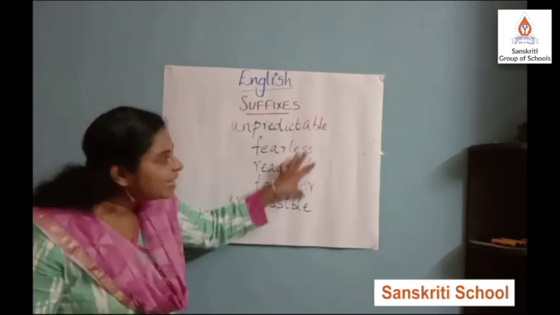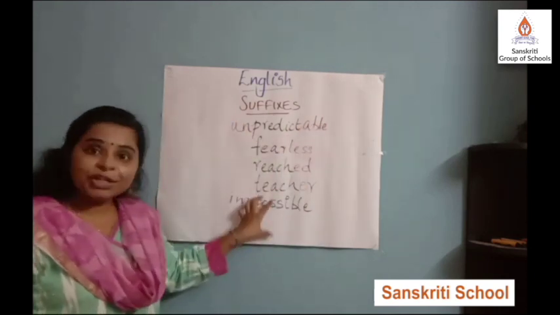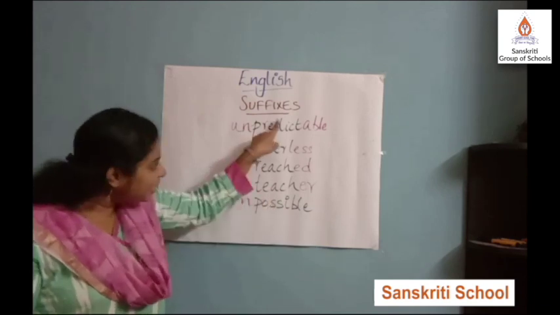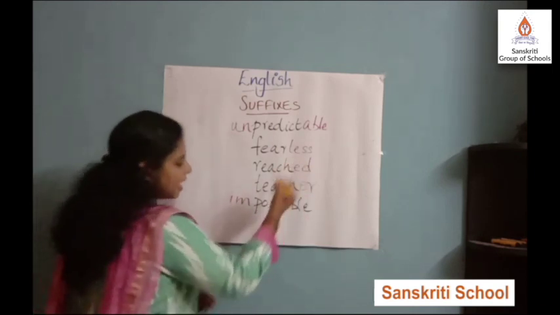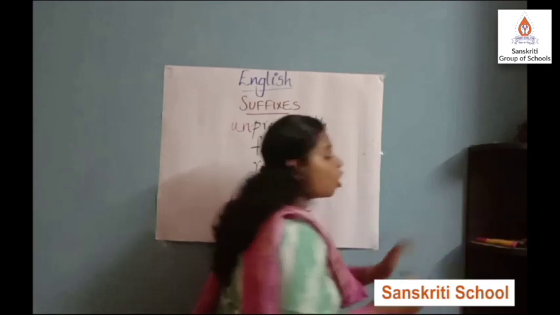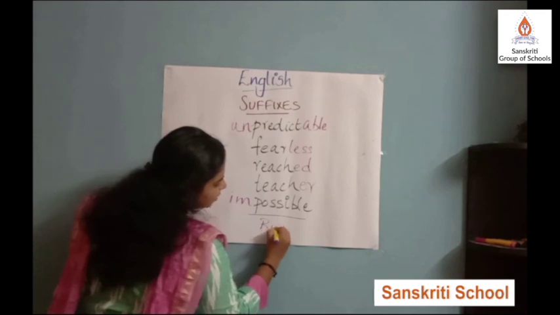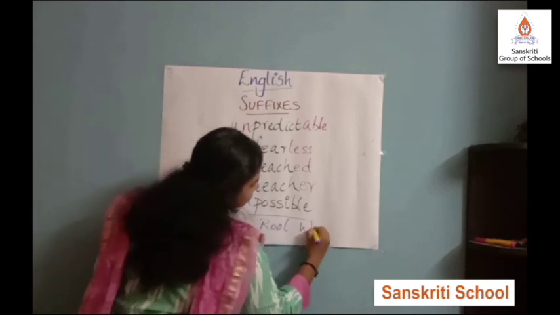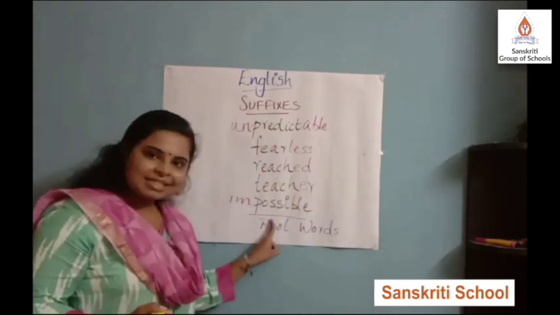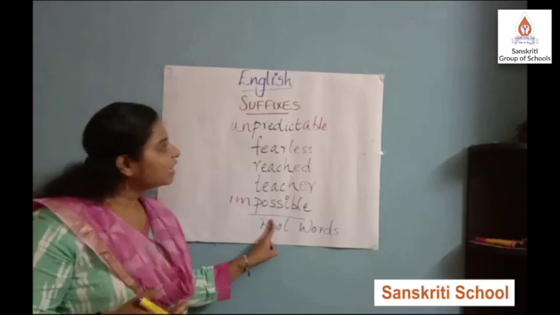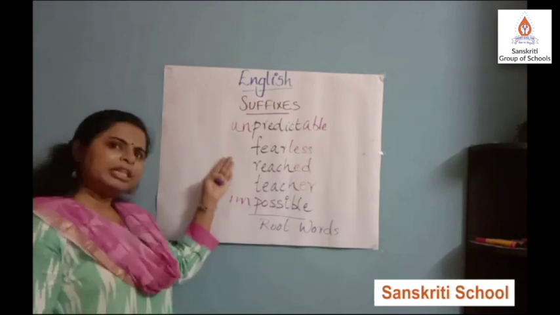So when I am adding these letters, either at the end or in the beginning, the word meaning changes, right? These words, which I have written in black color, are called root words. What do you call them? Root words. So, root words means the base words, which can give rise to new words if we write letters either at the end or in the beginning.